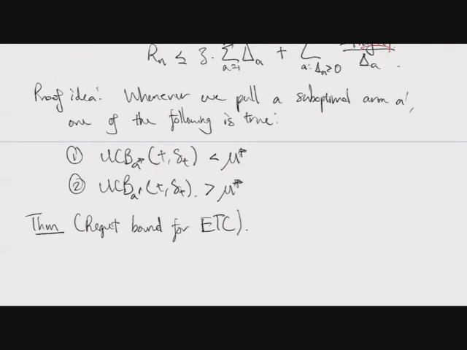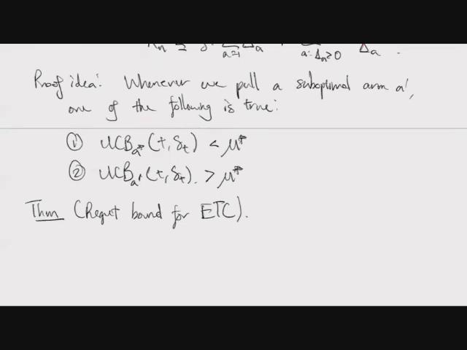In the first phase, we pull every arm m times, and thereafter we look at which arm has the highest observed mean reward, and then we keep pulling that arm henceforth. The second phase is all about exploitation. We recall that m is equal to the number of times each arm is pulled in the first phase.